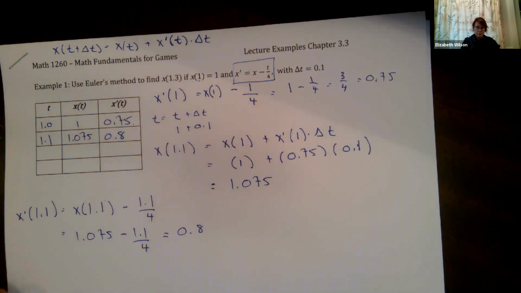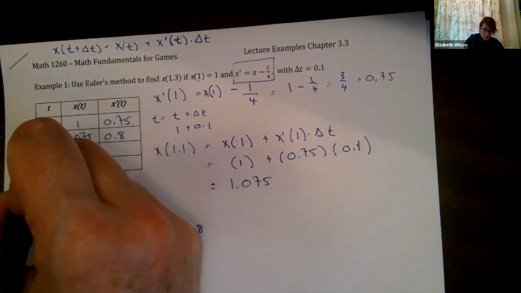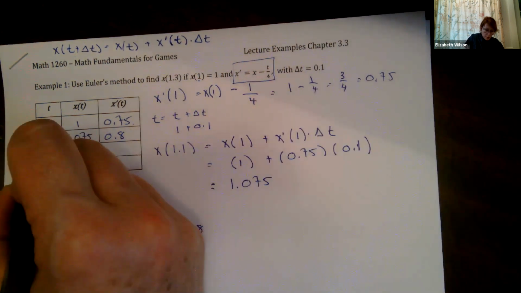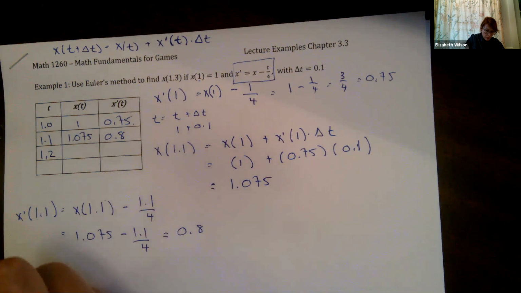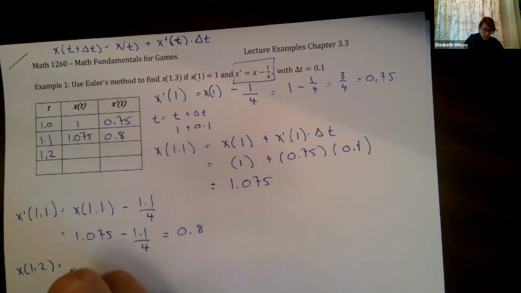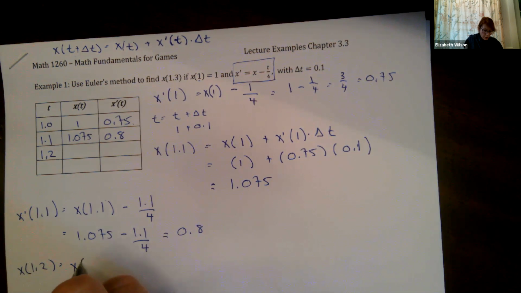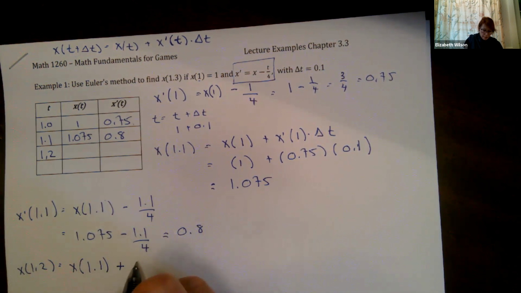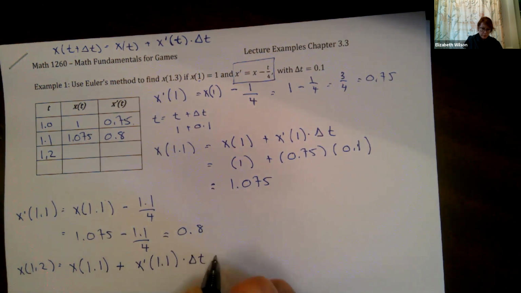Okay. All right, so let's calculate our next t value. We're going to increase our t by 0.1. So this becomes 1.2. So I'm going to calculate x of 1.2, using my Euler's equation. X of 1.2, that's t plus delta t, so this is x of 1.1 plus x prime of 1.1 times delta t.